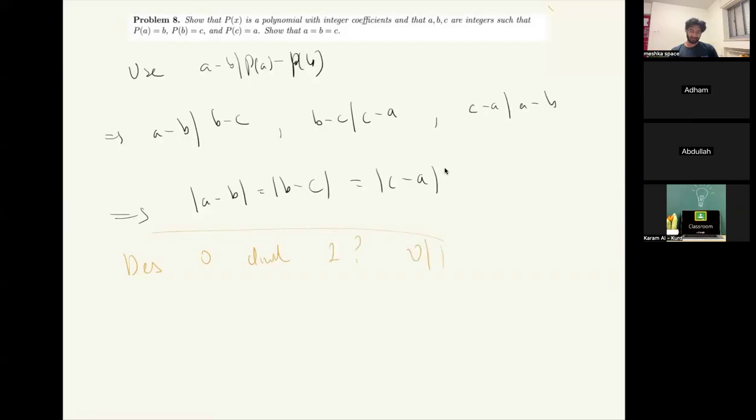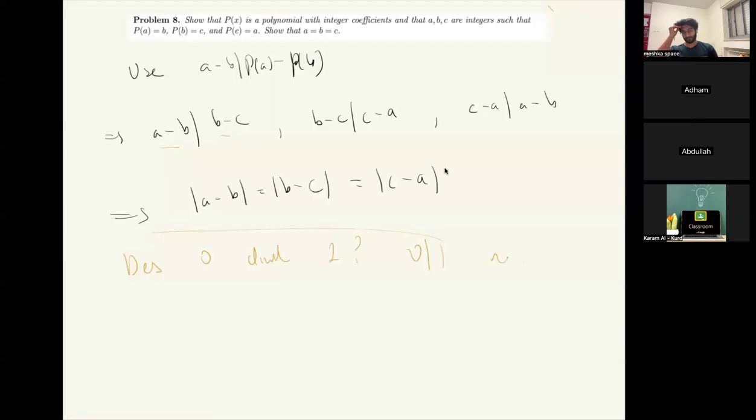The answer is no. 0 does not divide 1, right? Because 1 is not a multiple of 0. So, for example, 1 divides 0, but 0 does not divide 1. So in particular, if A equals B, then B equals C as well.